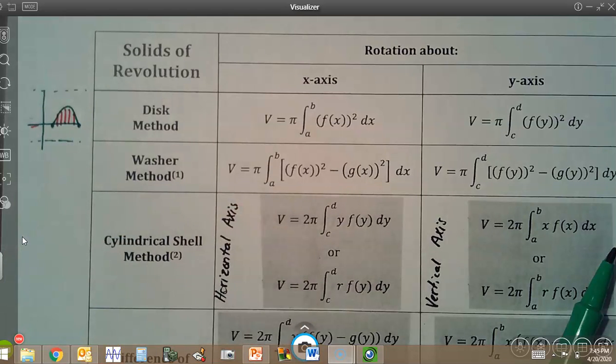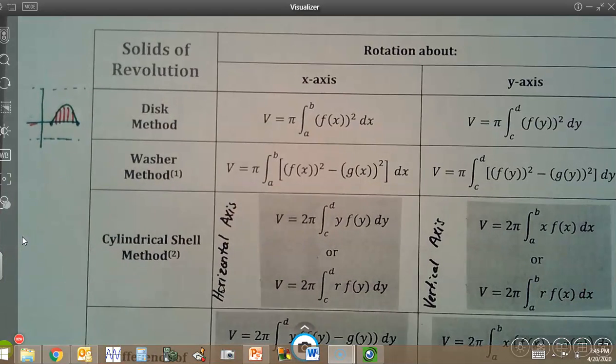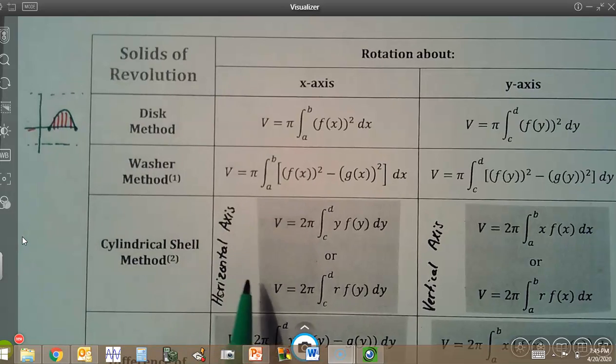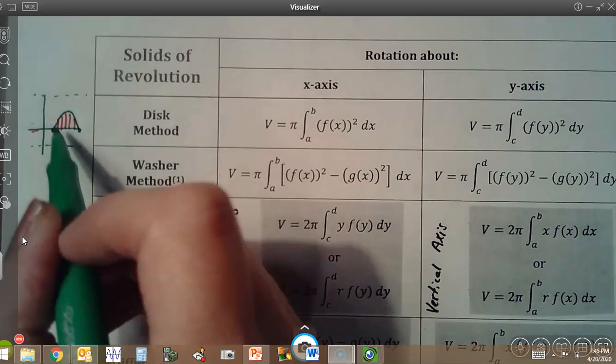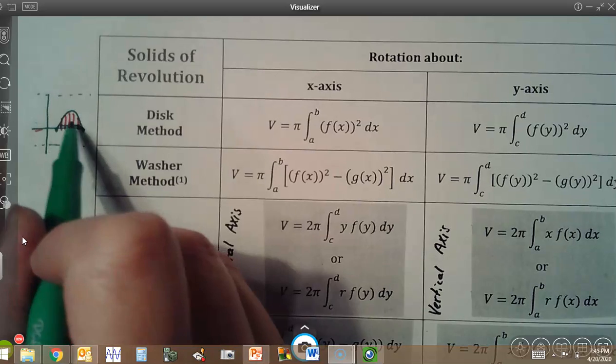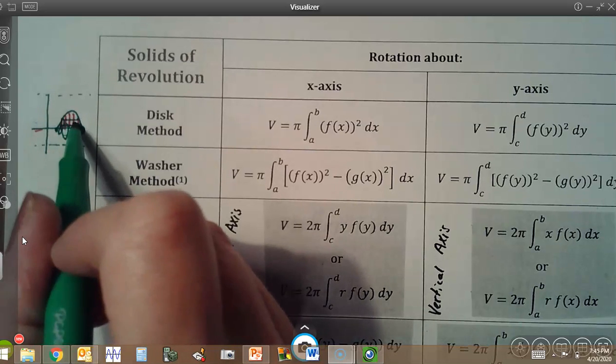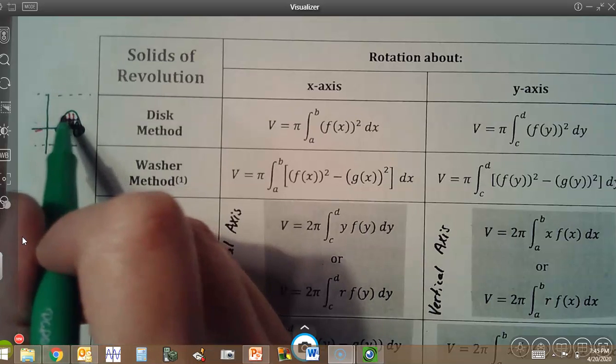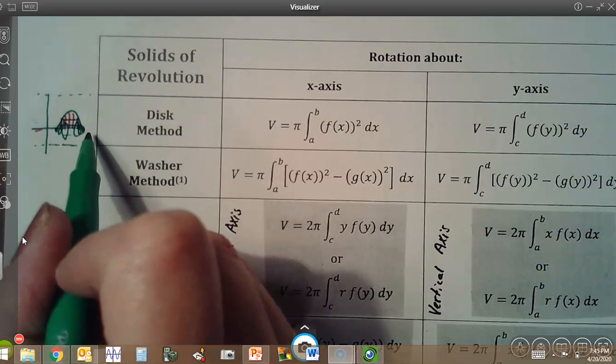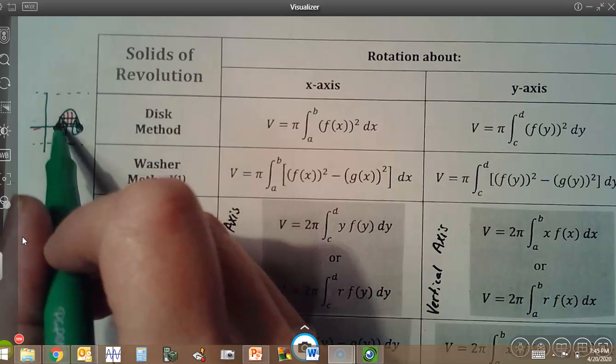Whereas if we're doing the volume of this particular graph using the shell method and rotating around the x-axis, then my shells are going like this, and the cross section is actually parallel to the axis. When I did the disc method, the cross section was perpendicular.